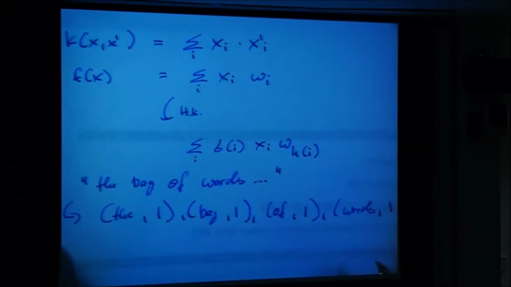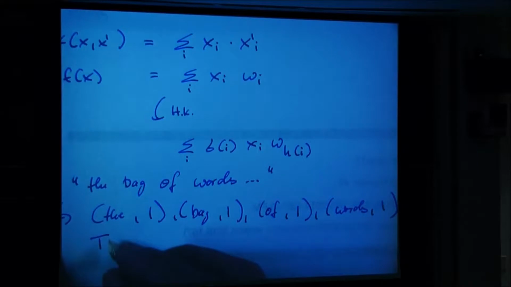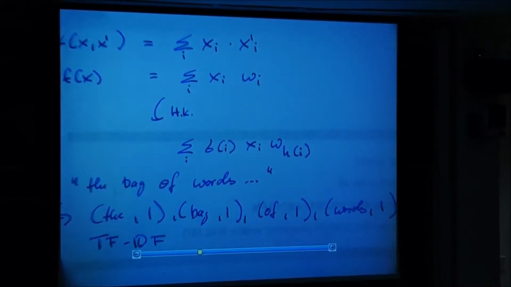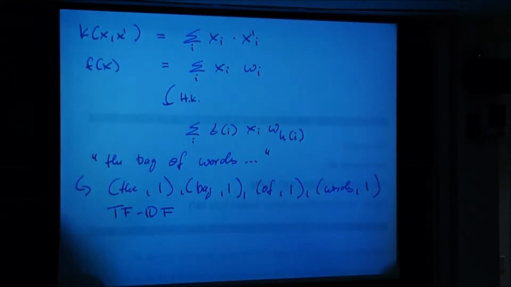Which is probably something you can still do, and then you should probably use something along the lines of TF-IDF for reweighting. Ask your friends in LTI exactly how to do this efficiently, but basically you weigh it by how frequent it is within a document, and you divide by how frequent it is across all documents. So this is a way of giving discriminative words higher weight.